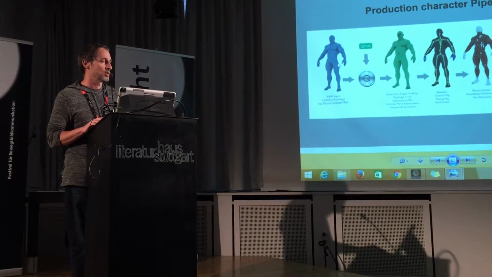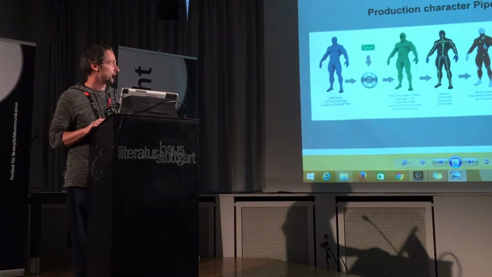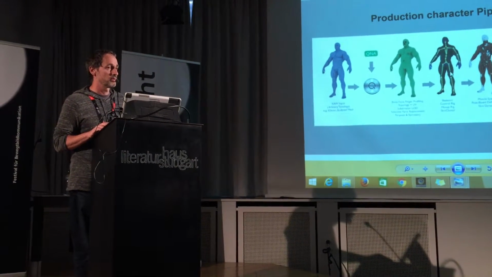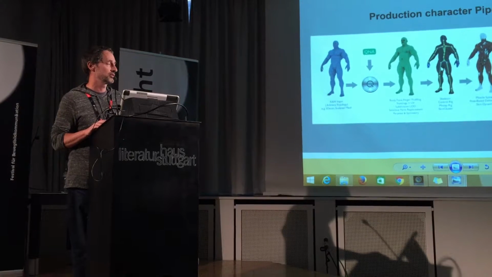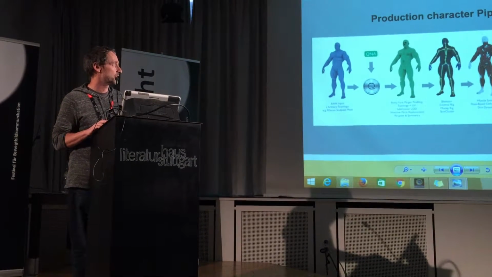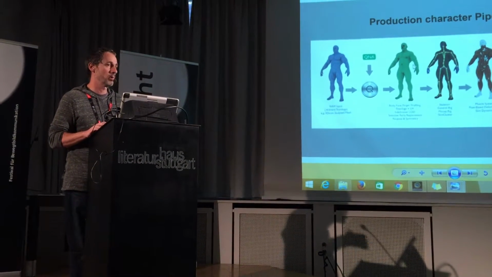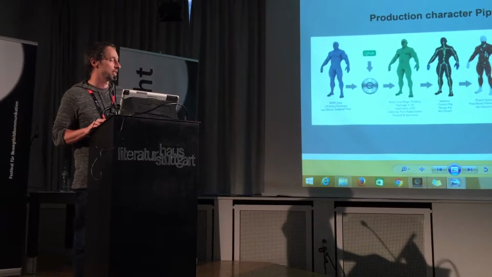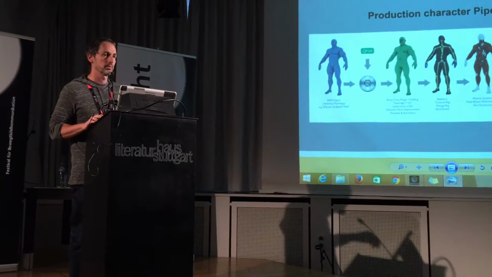And so it's a topology that you cannot really use in production. Then you take it into Maya and make a proper topology. Then you pass it to the riggers. The riggers build a skeleton, and skin the mesh, which means they weigh the vertices so they can be deformed properly. And then it goes on to texture, animation, and so on.